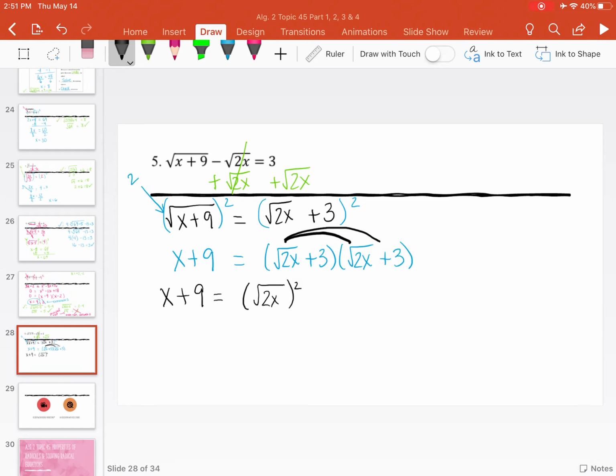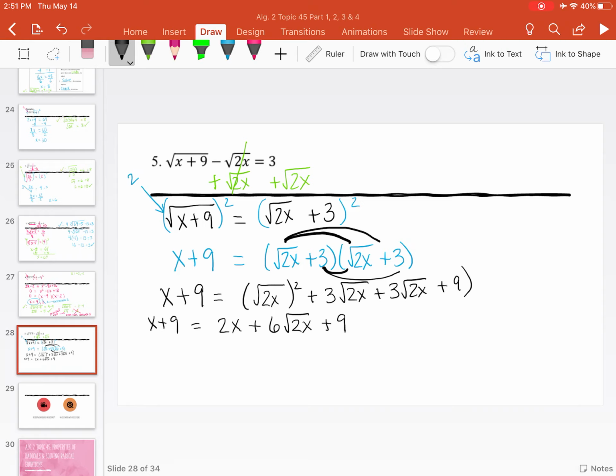Square root of 2x times positive 3 gives us 3 times square root of 2x. 3 times square root of 2x gives us 3 square root of 2x. And 3 times 3 gives us 9. So we're left with x plus 9 equals 2x plus 6 times the square root of 2x plus 9.